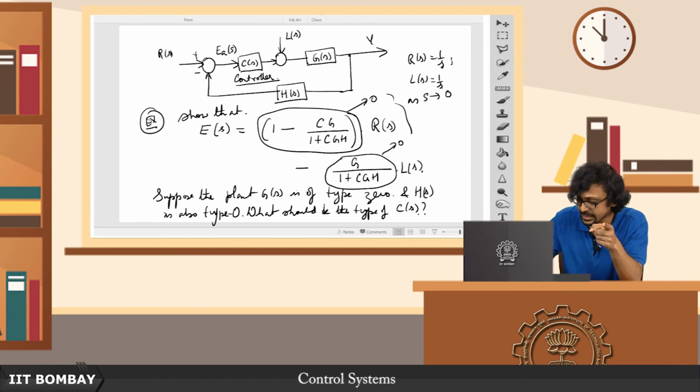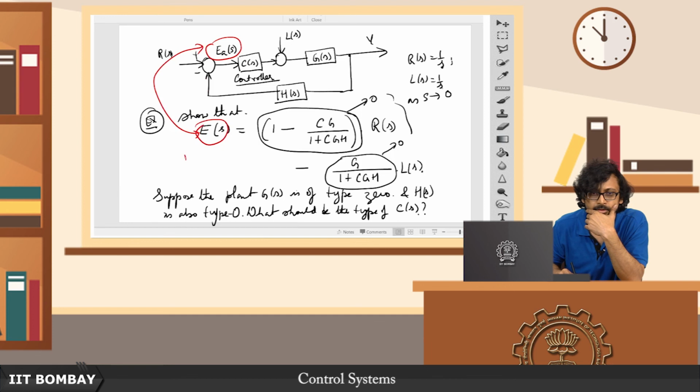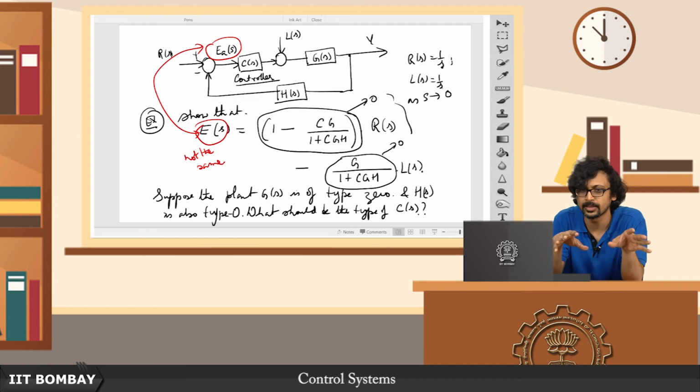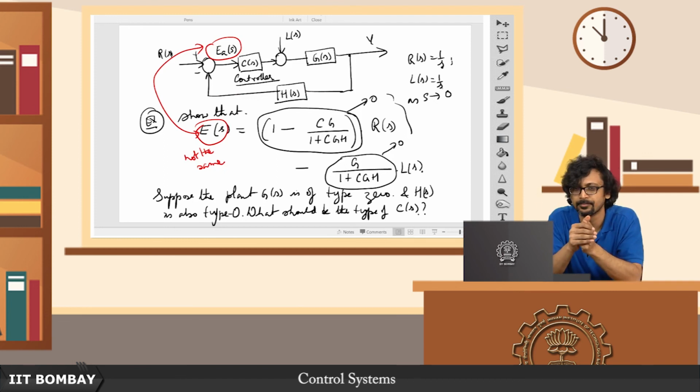Okay. Remember E(s) and E_a(s) are not the same. So notice this and this are not the same. Why? Because this E(s) is to be obtained once you have put it in the unity feedback configuration. So I have repeated this so many times, I hope that it is now ingrained in your memory, right.